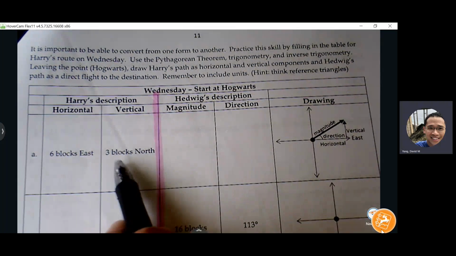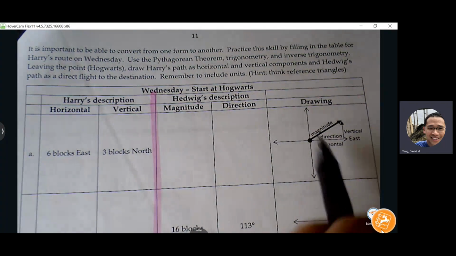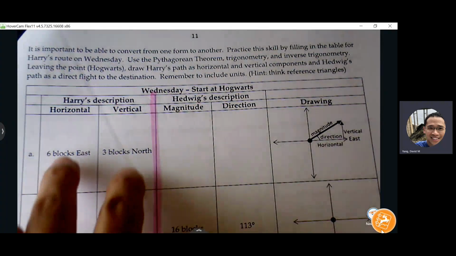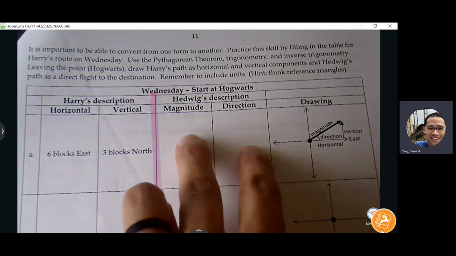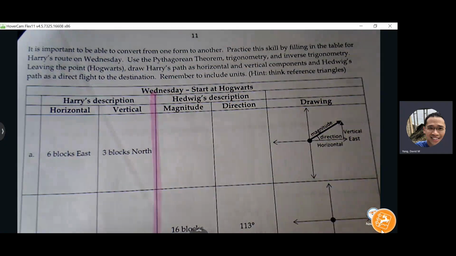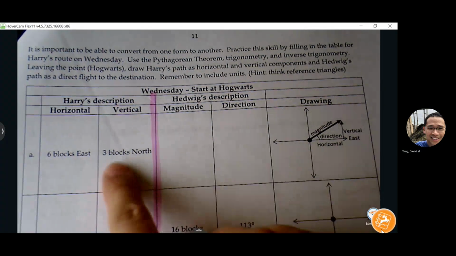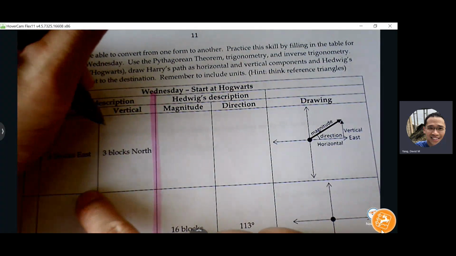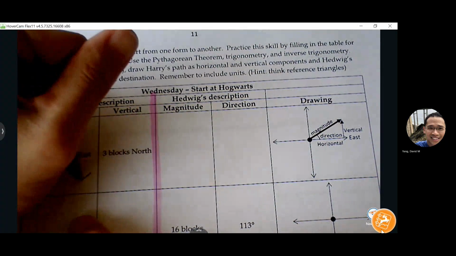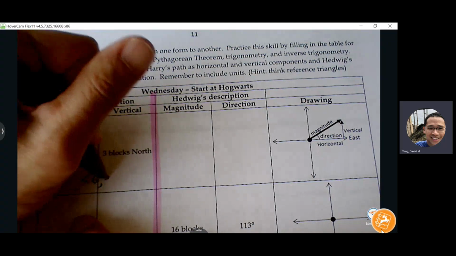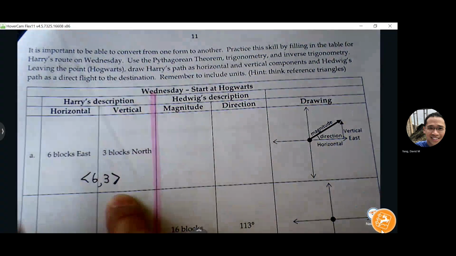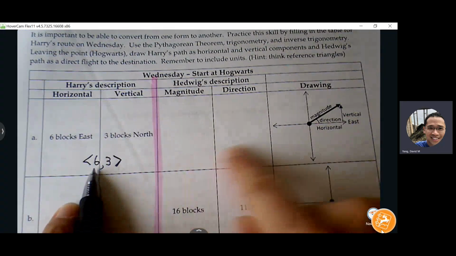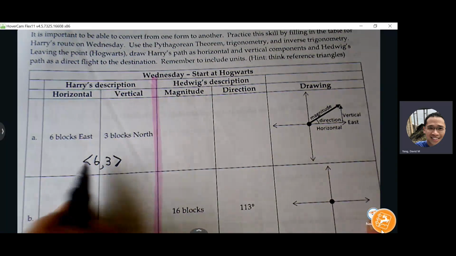All right, so 6 blocks east, 3 blocks north. I think we're comfortable working from horizontal vertical to magnitude direction, but working backwards is what I want to help us get to. But let's do the easier one first. We know component form, this is 6, 3. All right, this is first quadrant, Pythagorean theorem.